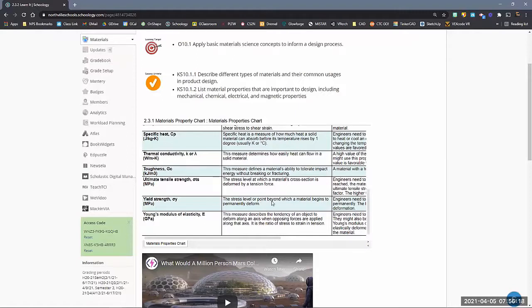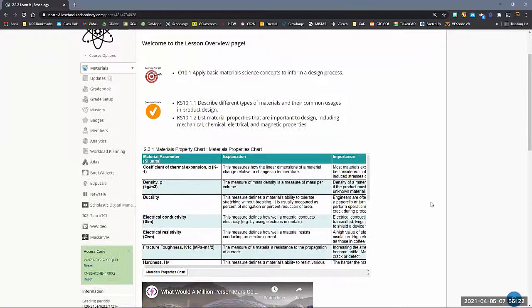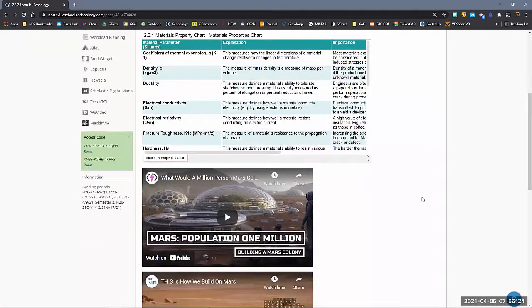So as you understand these different materials, what you're going to be asked to do is start thinking about if we were to, which we currently are planning for, start sending people to Mars. Right now, as you probably have heard in the news, we have a Mars rover there currently. There's actually a few, but the most recent one is the Perseverance, which landed just in February.